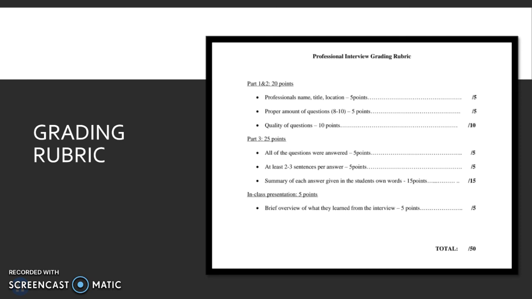I gave them this the same day they got the project outline. That way they could see what each piece of each part of the project was worth, how I valued each part of the project.